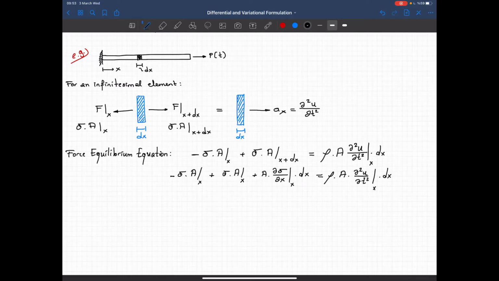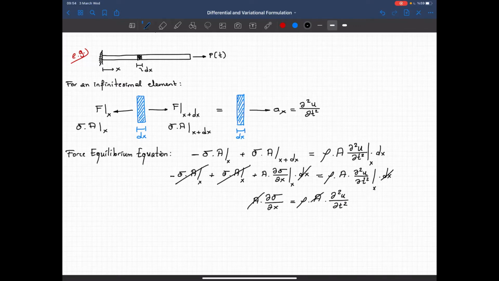In that equation these two will cancel, so I can cancel the x values, and at the end of the day I got area times del stress del x must be equal to rho times area del square u divided by del t squared.